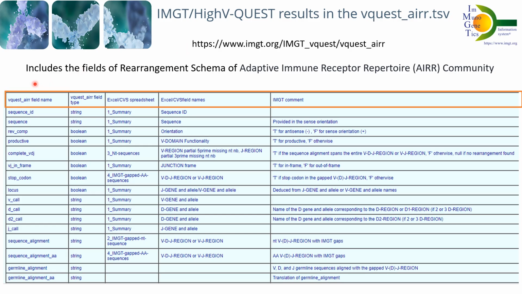In this table, you will find the R column names with the correspondence with the classical IMGT HighV-QUEST output, the number and the name of the CSV file, and the name of the corresponding column for the data, with or without additional comments.